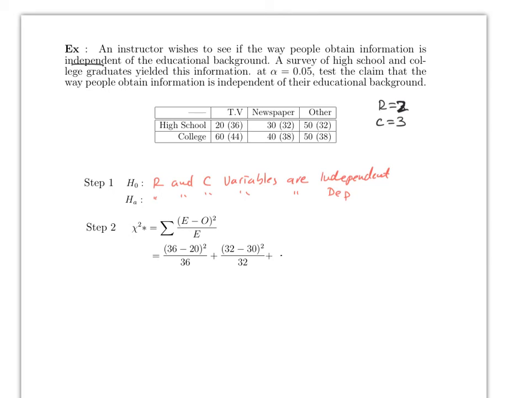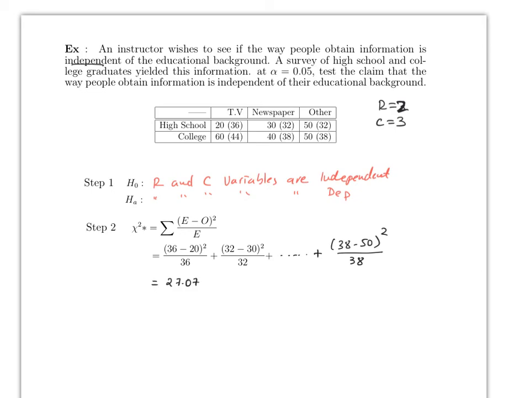So if we keep doing this, the last one is going to be 38 minus 50 squared over 38. Make sure that you square the values. And once you do all of this and simplify everything, and you should check this, this is around 27.07 or something close to this.